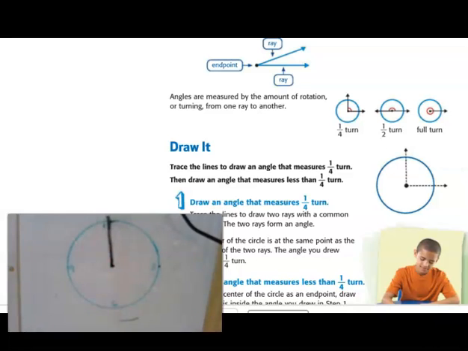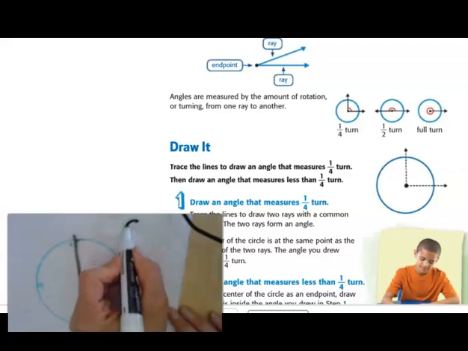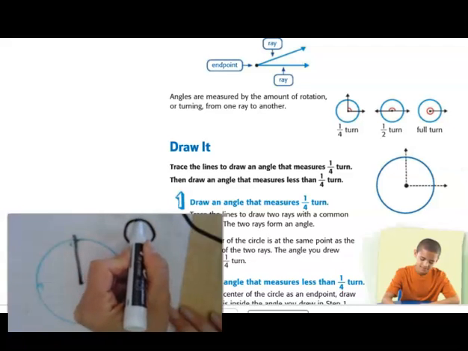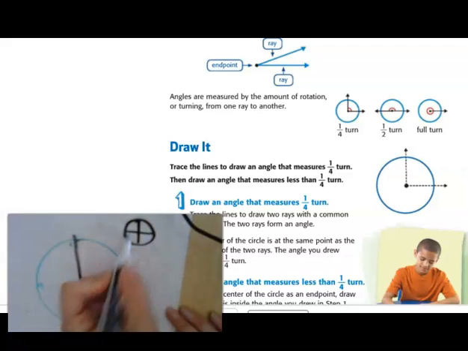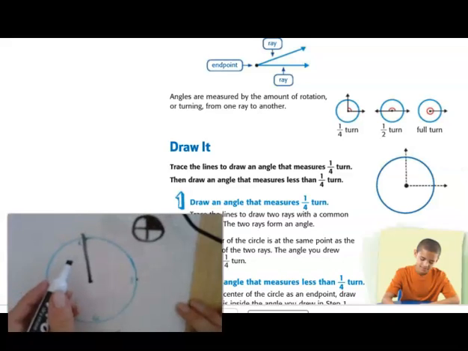So just like if we were drawing a circle for our fractions, if we were to divide this up into fourths, 1/4 would be this section here. So 1/4 turn would be straight out like that.